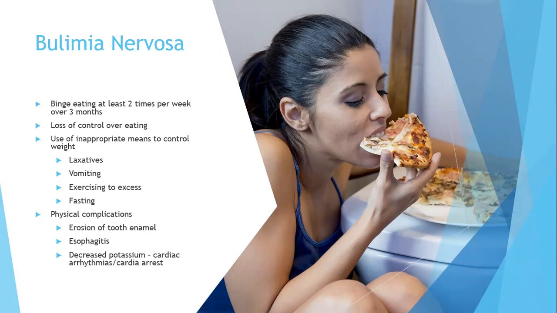The physical complications, particularly with vomiting, are erosion of tooth enamel because you're vomiting up stomach acids, esophagitis, inflammation of the esophagus, and decreased potassium. So there's again the risk of cardiac arrhythmias and cardiac arrest. The eating disorders can kill you basically. So never a good thing.